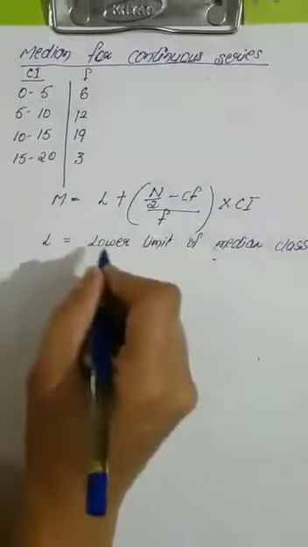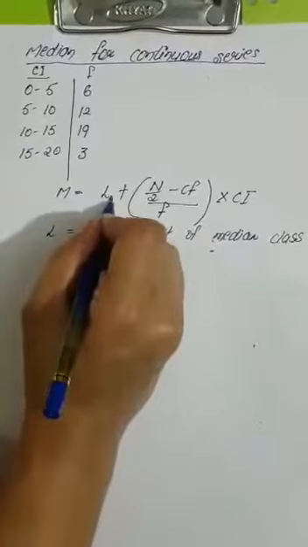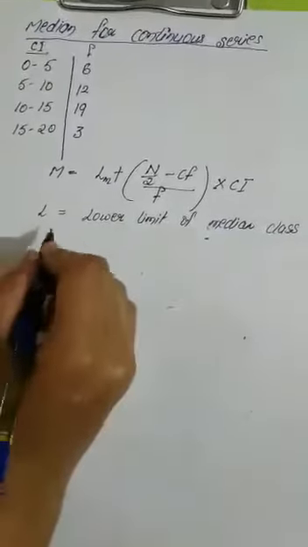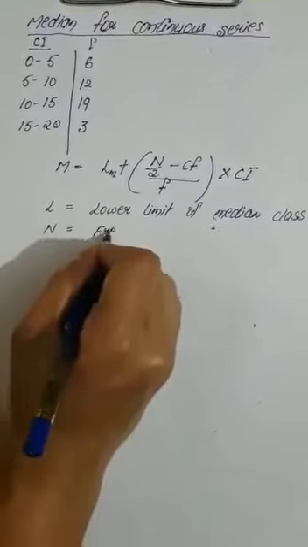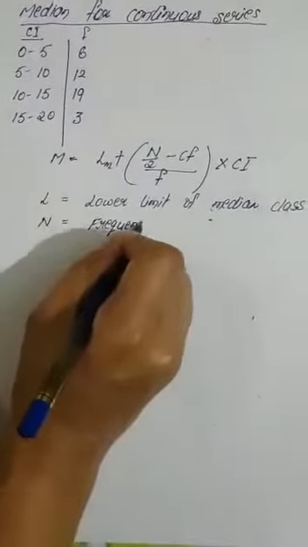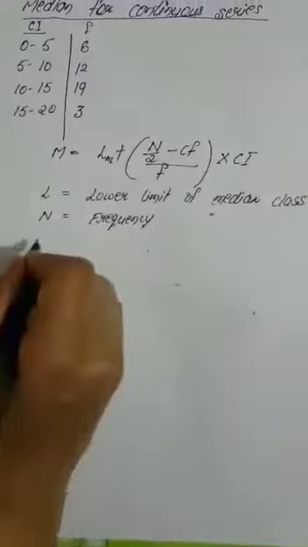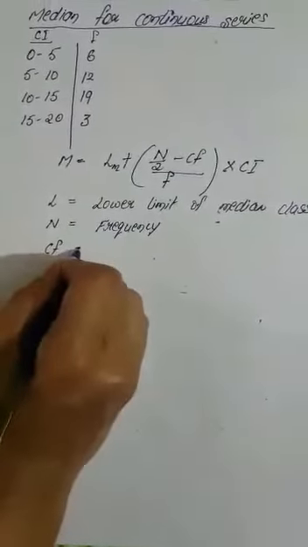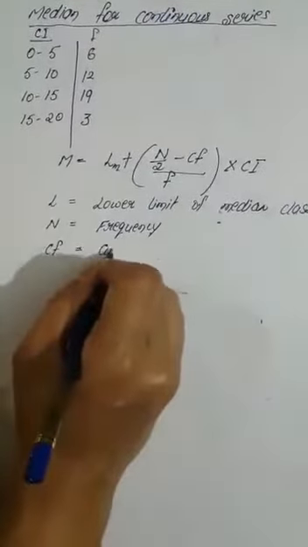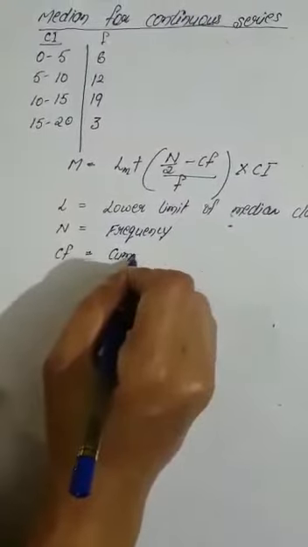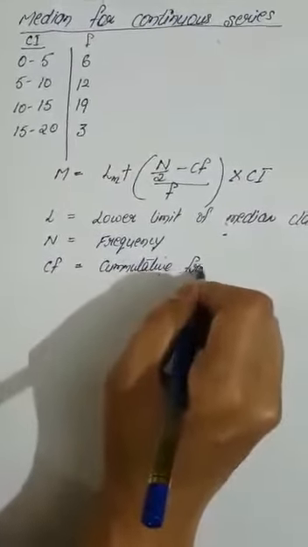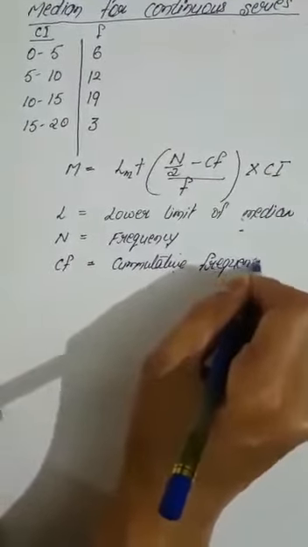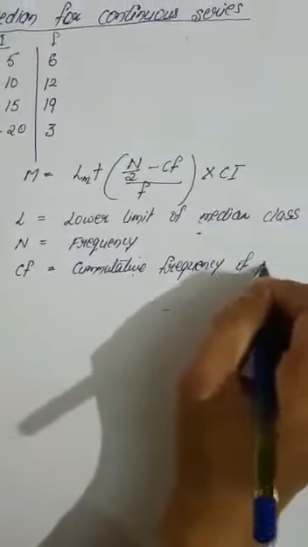For your convenience, I am going to write it here. Lower limit of median class. N, as you know, is the total frequency. Then CF is the cumulative frequency of the previous class.